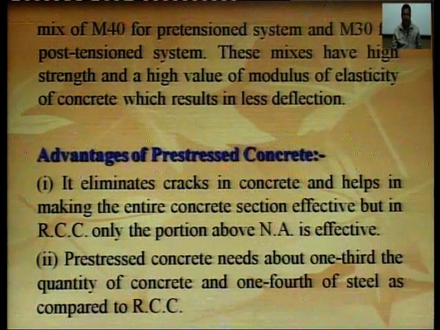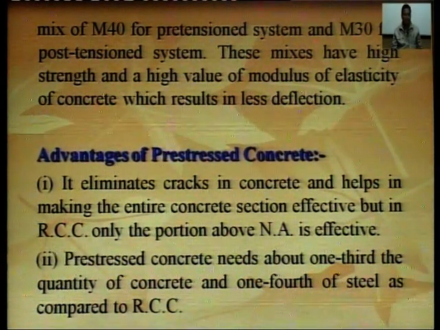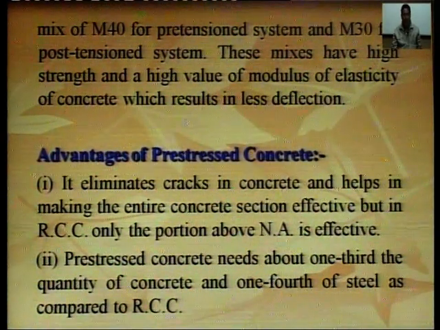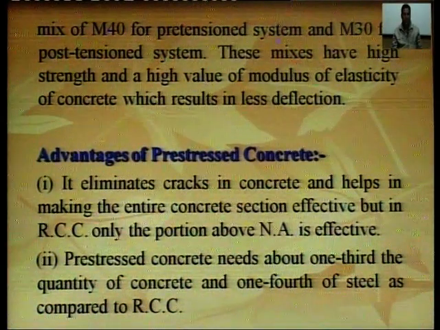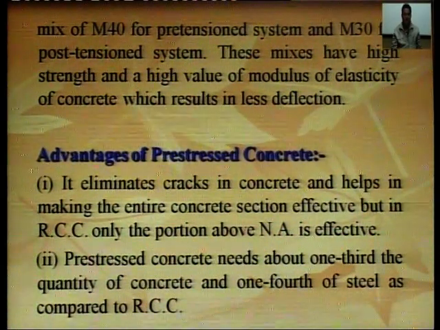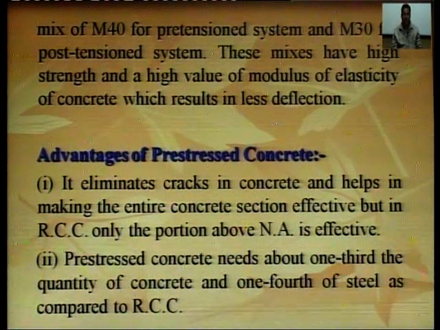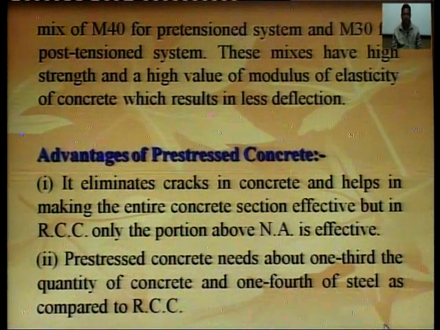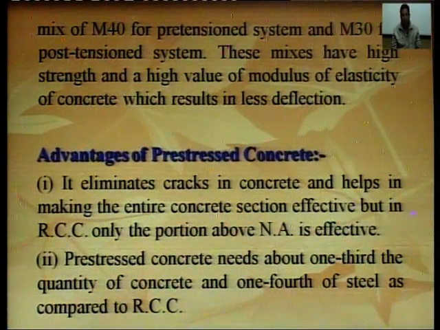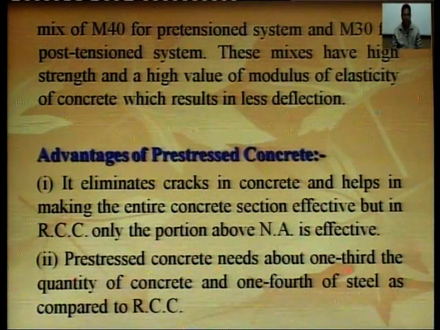The tensile strength of concrete in the tensile zone is ignored, whereas in pre-stressed concrete the entire concrete section is effective. The second advantage is that pre-stressed concrete needs about one third the quantity of concrete and one fourth of the steel as compared to RCC. So, pre-stressed concrete is economical as compared to RCC section.